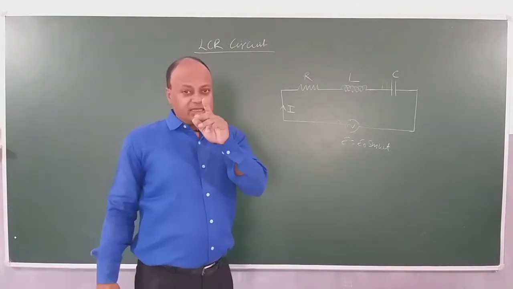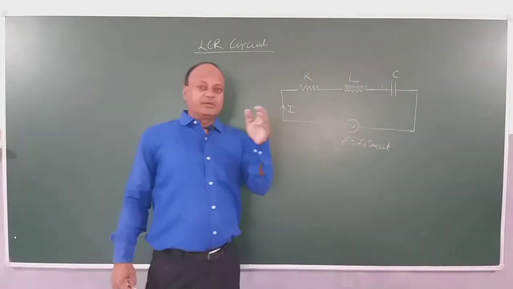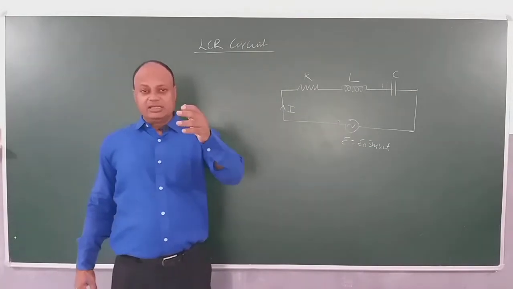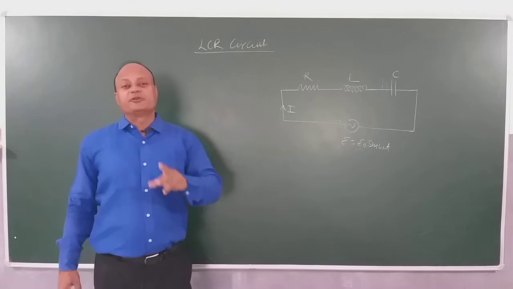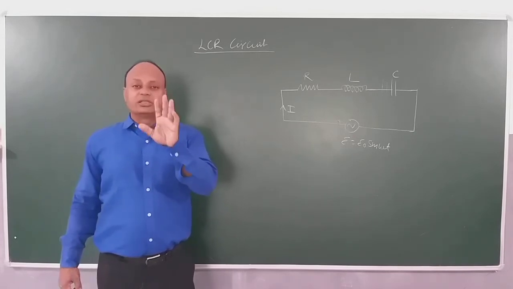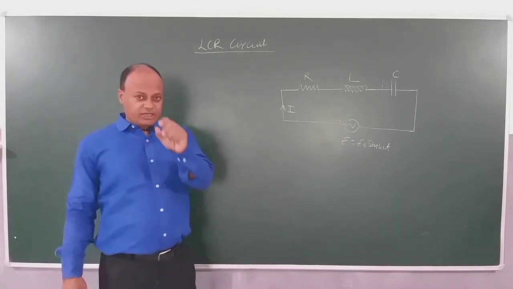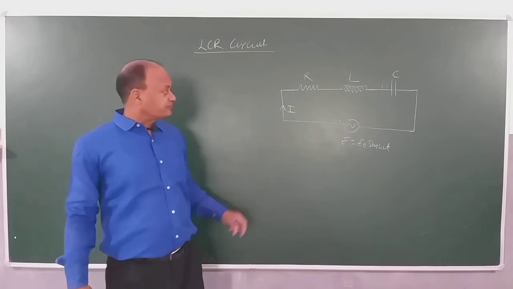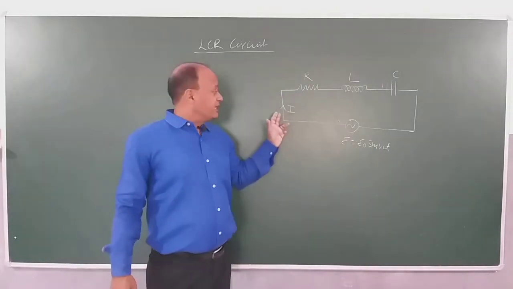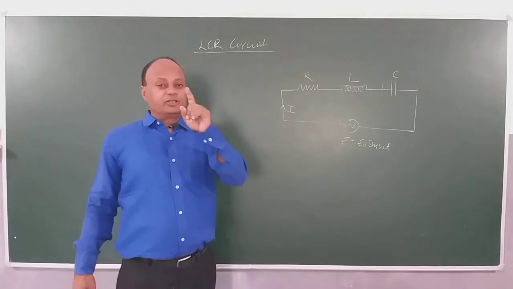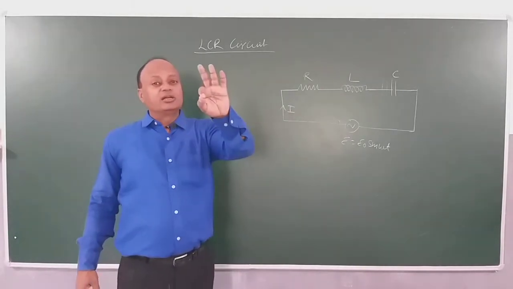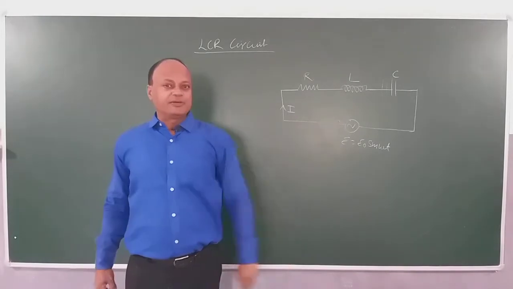We know that in case of the AC circuit elements L and C, not R, there is a phase difference between current and the potential difference, right? So here we are going to see that the current in all these three will be in the same phase, the same current will flow, but there will be a difference in the potential differences. Let's see what is happening exactly.